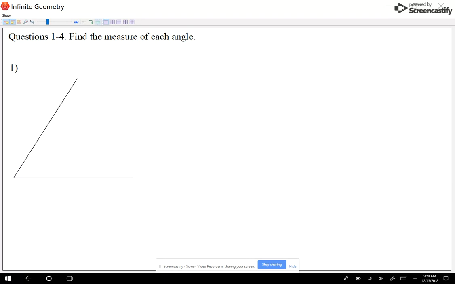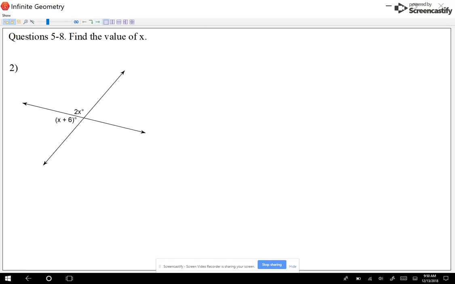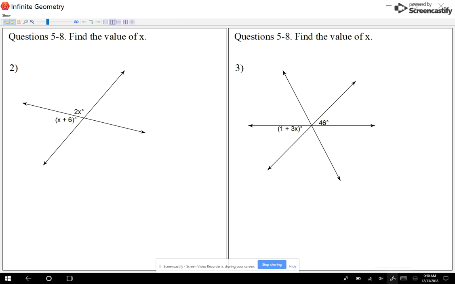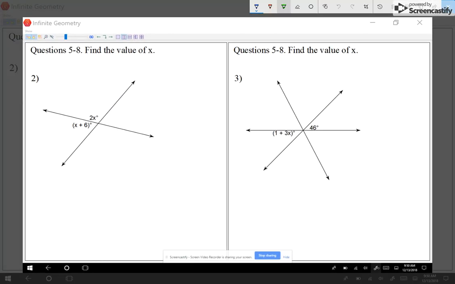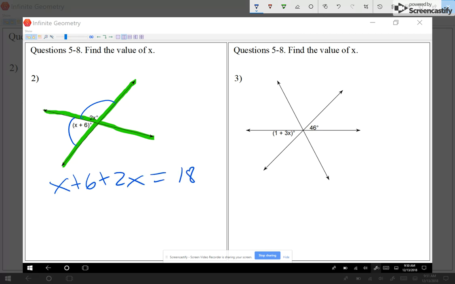Okay. My example number 2, questions 2 and 3, I'm going to use the same idea. If the angles make an X, and my angles are next to each other, for example, I'm just going to add them up: x plus 6 plus 2x equals 180.